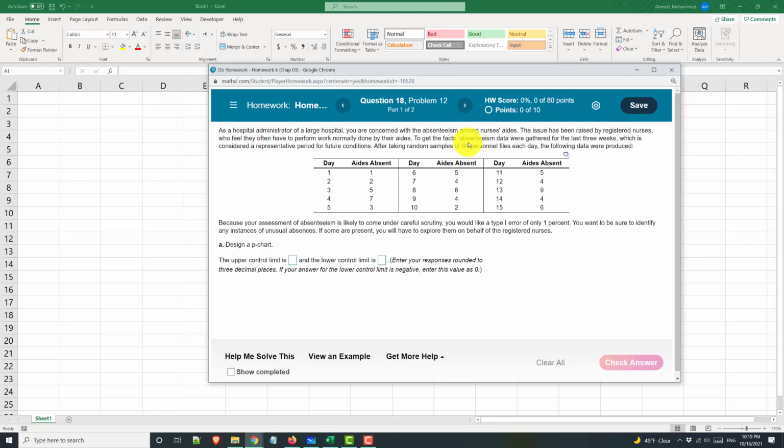Okay, so we can see that each sample is comprised of multiple people, 64 people in this case. So we have a sample size of 64, right? So we can write here that our sample size is 64. And then for each person or thing inside the sample, we have only 2 possible outcomes. Either they came to work, so they're present, or they're absent.